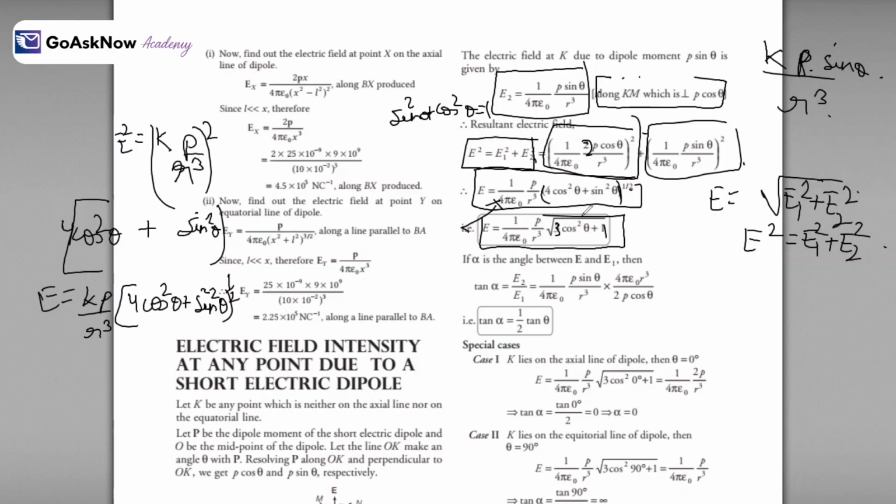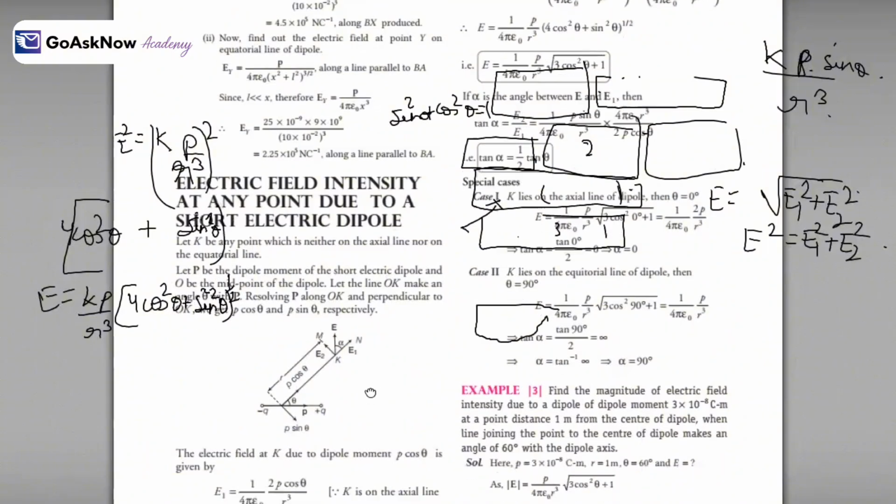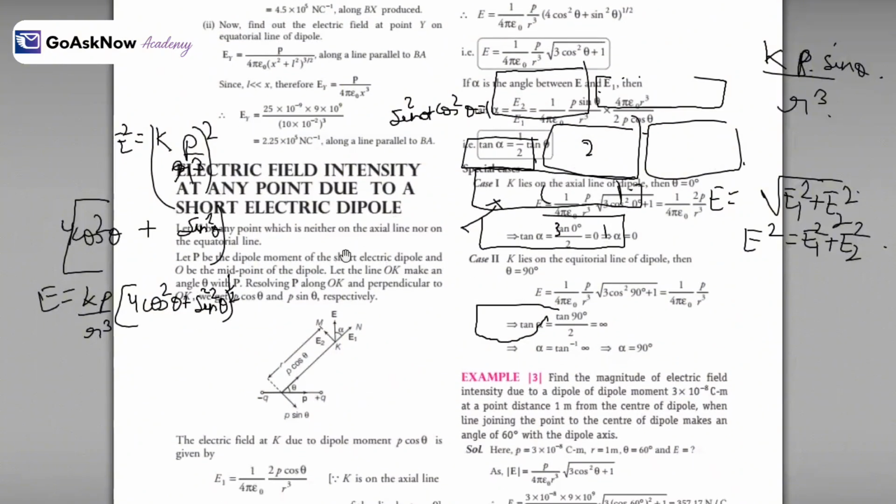If alpha is the angle between E and E1, then tan alpha will be equal to E2 by E1. See here how the tan alpha value has come. Tan alpha is the angle between E and E1.